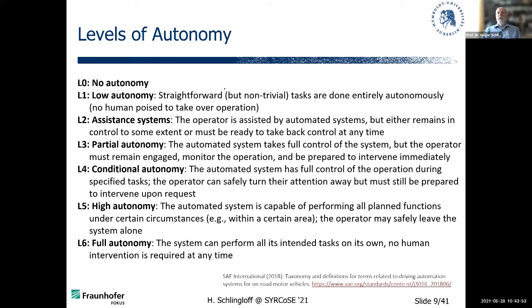They can do this all automatically, and the operator can leave the system alone in these circumstances. So it's feasible, but it's not yet admitted on the road. And full autonomy, level 6, would be that the system can perform all its intended tasks on its own, and no human intervention is required at any time.